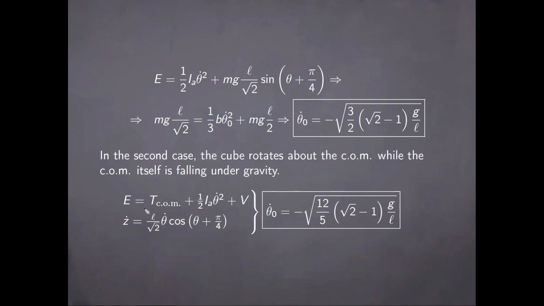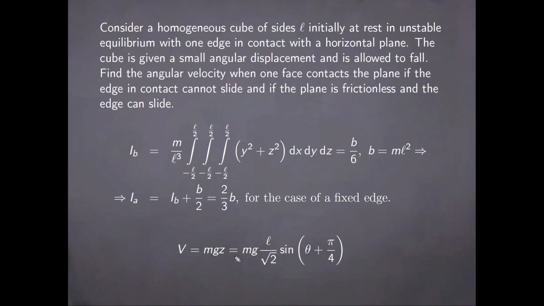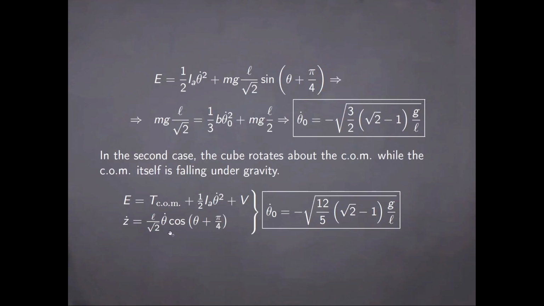So the total energy will include the kinetic energy of the center of mass, and this can be immediately calculated, since we can find its velocity just by taking the time derivative of the z coordinate. And then once again, using conservation of energy, we should find the value here. So it's slightly faster in the second case as opposed to the first situation.